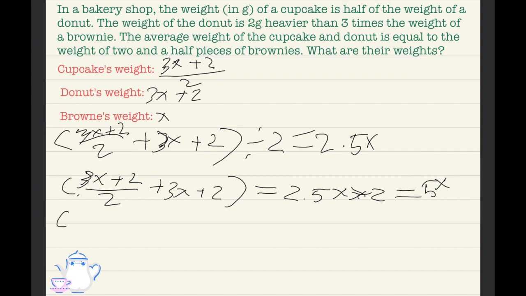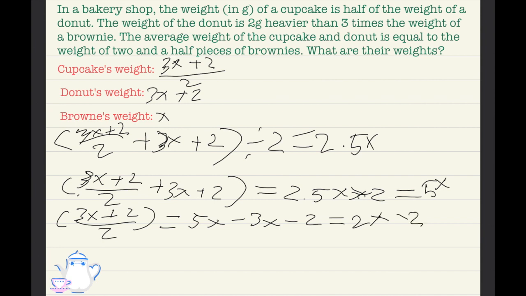So 3x plus 2 can be moved over to the 5x place. We'll just leave this alone. This one's not going to be free until the end. Then equals 5x minus 3x minus 2. 5x minus 3x equals 2x, then it's just 2x minus 2.